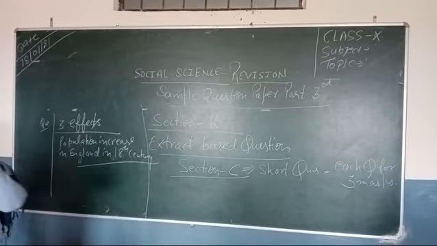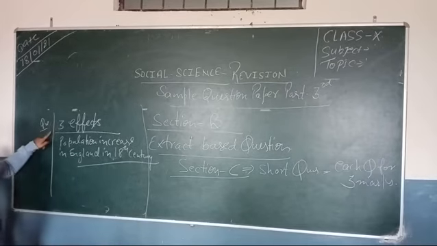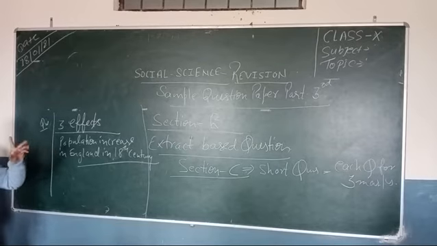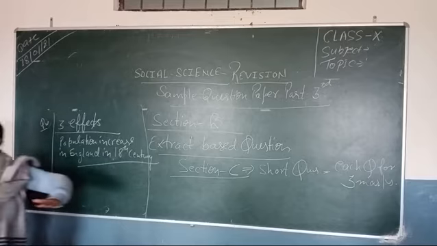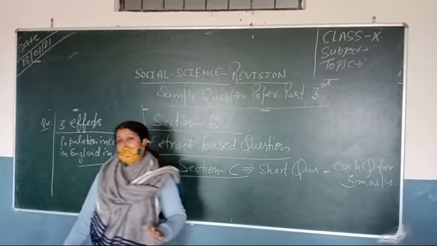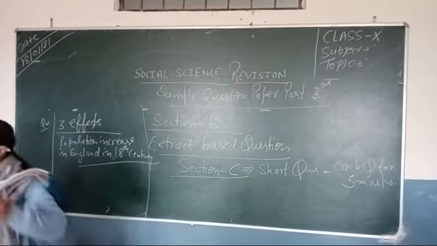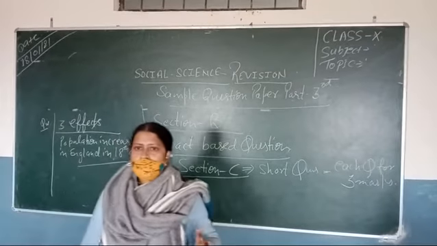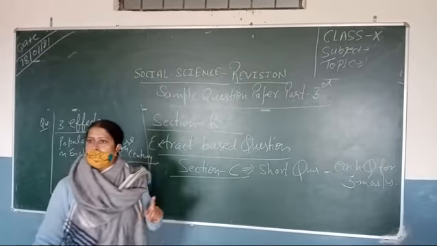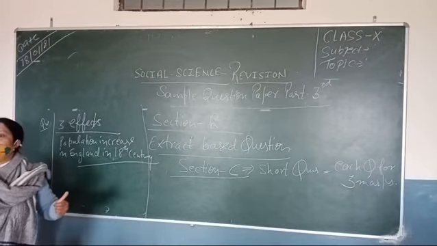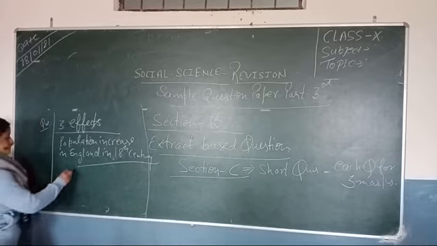First of all, read the question again. You have to write 3 effects of population increase in England during the 18th century. You don't know the answer. Now relate it to the current scenario: what are the challenges when a country's population increases? What is the biggest effect? Very good, food. So the first acute challenge here was food shortage. That is the first identity.